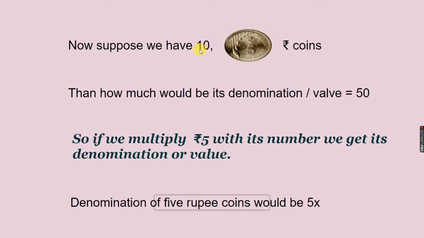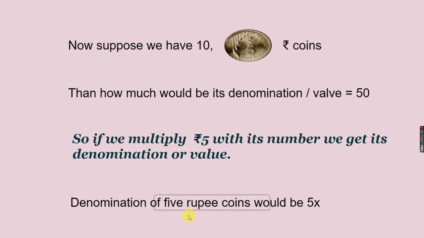As I have told you, if you have 10 coins and its value is 5 rupees, then how much total do you have? You would be having 50 rupees. How did you find it? You multiplied the number of coins with its denomination. So here we have the number of coins x and its denomination is 5.